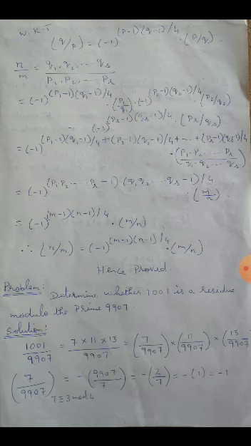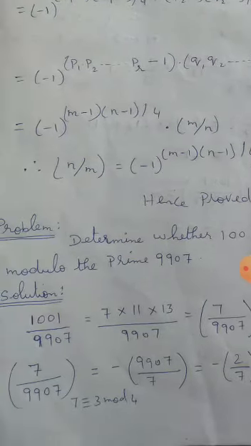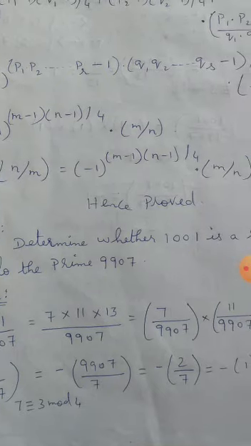First we write it for 7. (7/9907). First you have to check the a value, that is 7 is congruent to 3 mod 4. When you divide 7 by 4, you get the remainder as 3. If we get the remainder as 3, you can reciprocate this value and put minus. So minus of (9907/7). Again you divide this value and write the remainder 2.